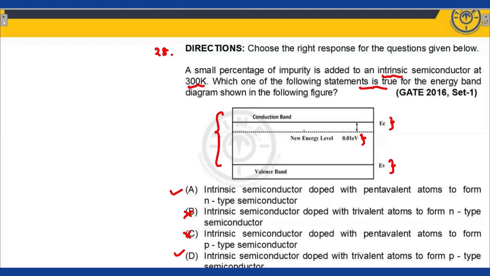But here the question is about the Fermi level that is near to the conduction band. In which type of semiconductor is the Fermi level near to the conduction band?